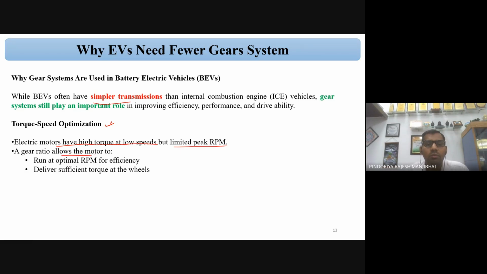Gear ratio allows the motor to run at the optimum RPM for efficiency and deliver sufficient torque at the wheels. In summary, we use the gear to optimize the speed with respect to the motor, so we can get the maximum efficiency from the mechanical power as well as the electrical power.